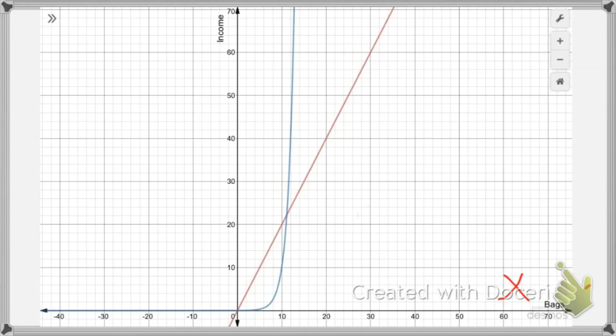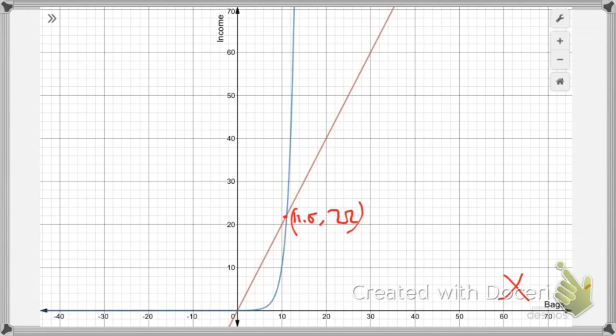So this intersection is at 11.5, 22. But she can't fill half a bag to get her money.